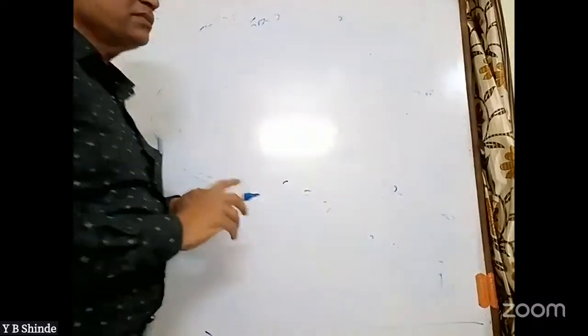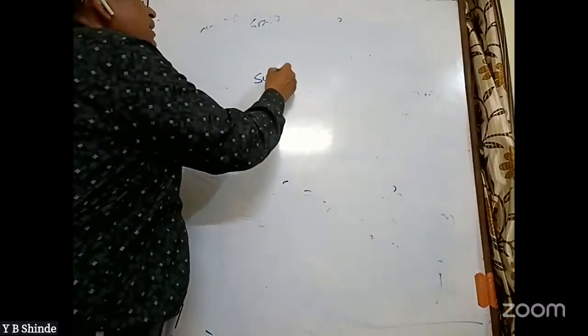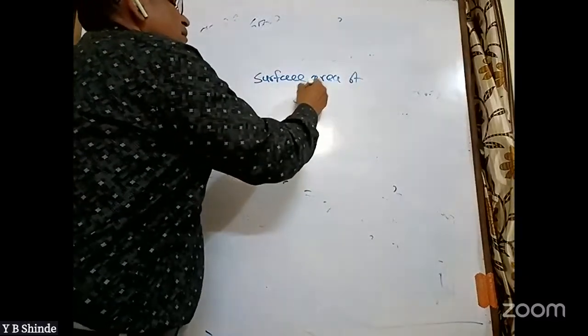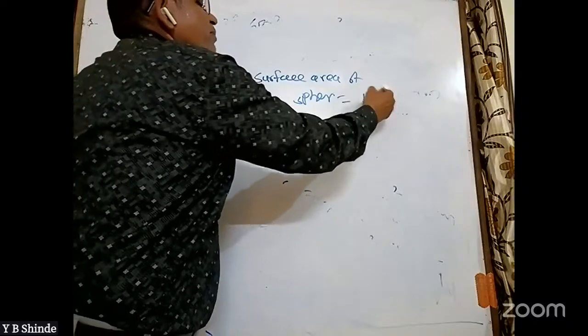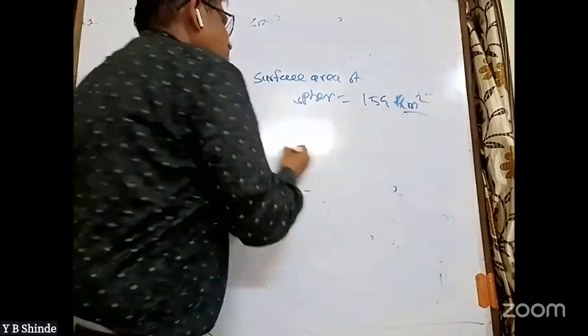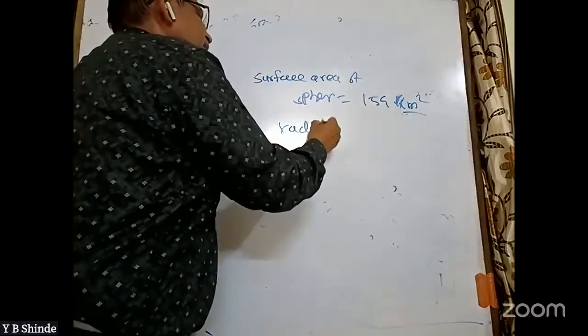Suppose you are given the surface area of a sphere, say 154 centimeter square. So what will be the radius? How will you find it?